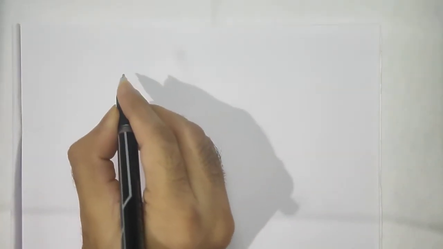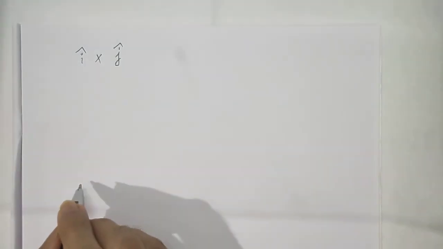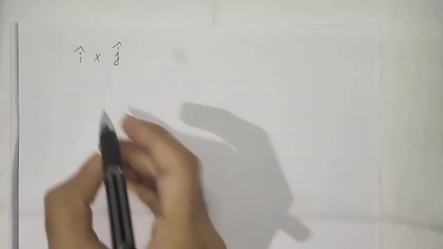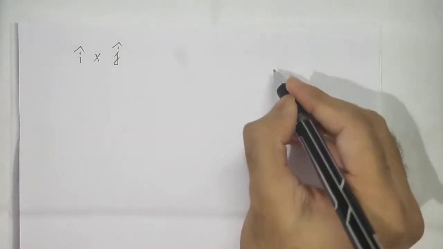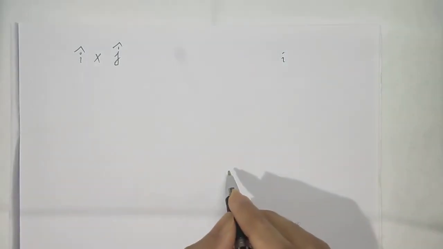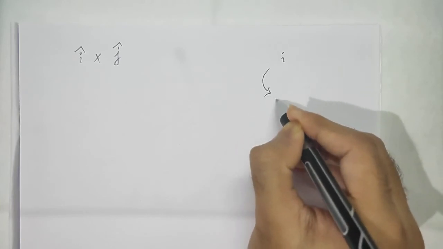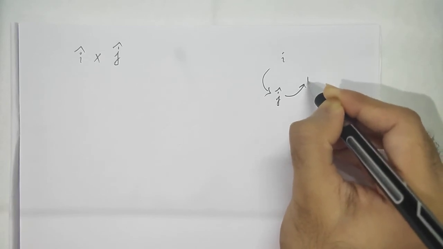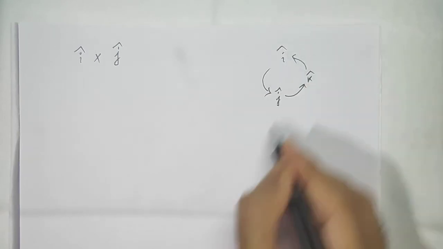So here, i cap cross j cap, what will that be? If we want to calculate this, there is a simple trick. At first write i cap, then in the anti-clockwise direction write j cap, then in another anti-clockwise direction write k cap, and here it will go back to the i cap.